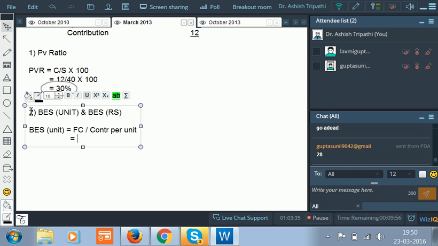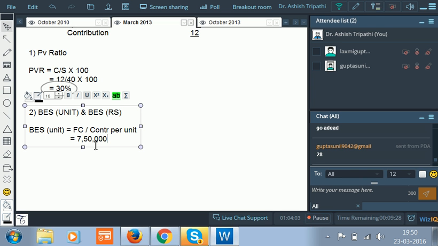That is equal to, now fixed cost, we have two fixed overheads. You will have to take the total of both. If you see the question, we have fixed factory overhead, we have fixed office overhead. So let us take the total of both, 3,20,000 plus 4,30,000. That gives us 7,50,000.